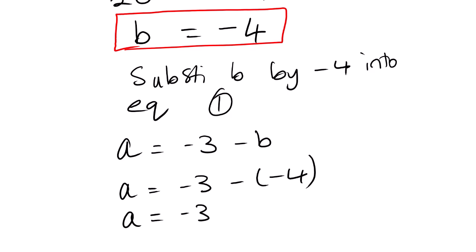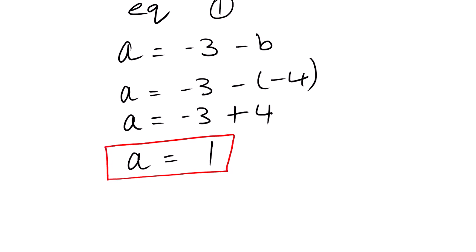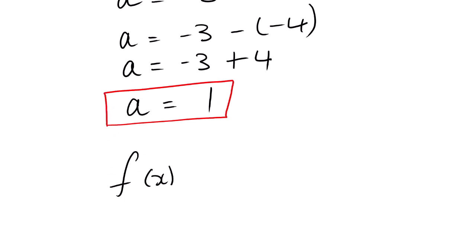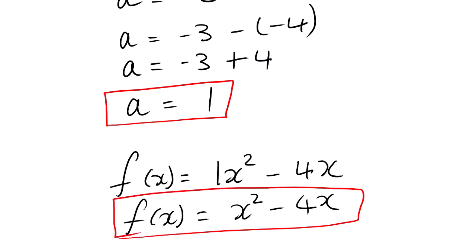So a equals -3, and negative multiplied by negative is positive 4. So a equals 1. Then we can write our equation. f of x equals 1x squared minus 4b. No, actually 4x. The value of b is -4. So f of x equals x squared minus 4x. This is the equation for f.